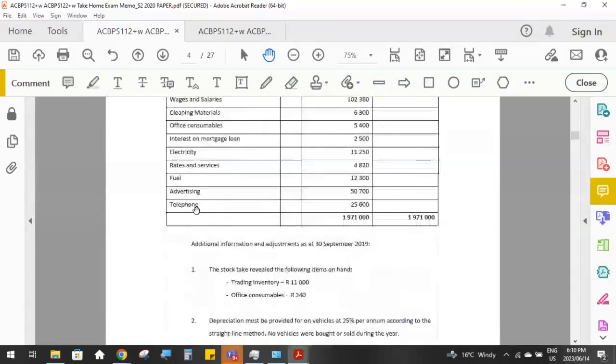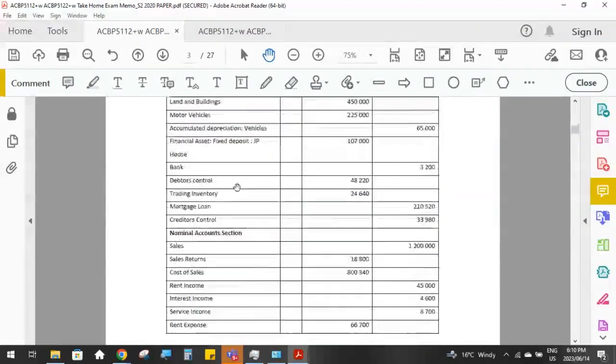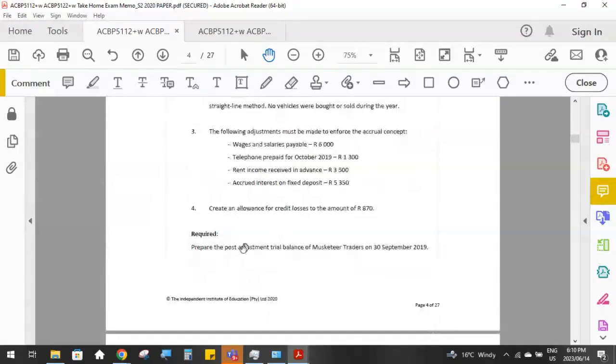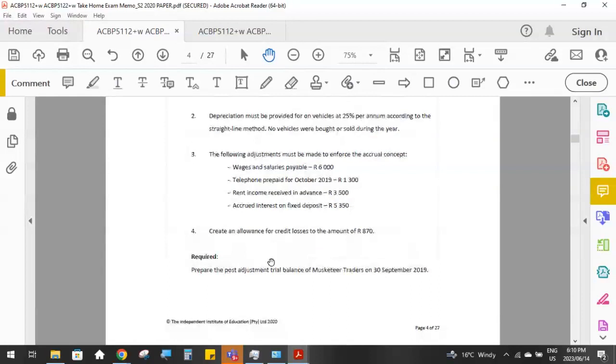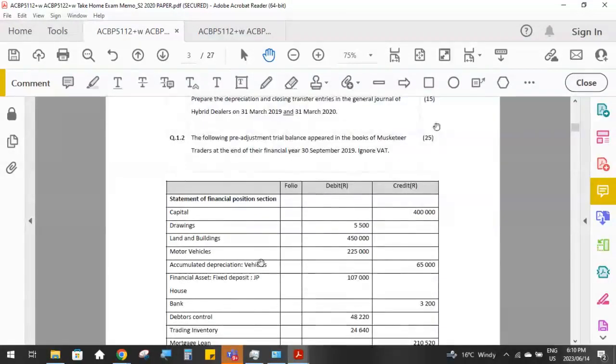So this is a long question where you've got a pre-adjustment trial balance and you've got to do all of these year-end adjustments and then produce the final trial balance. So you might want to leave yourself some time to think about that and do it carefully. So this might be one of the questions that you want to leave and do later.